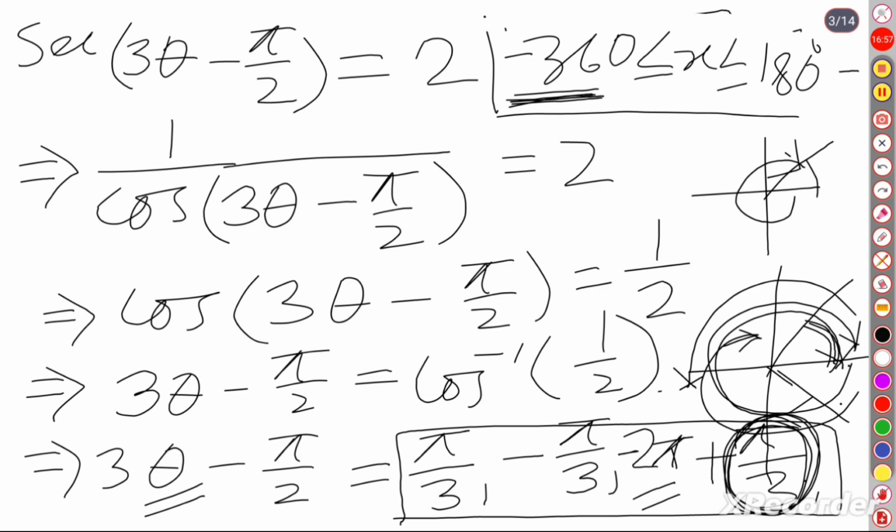The measurement of this portion is pi over 3. So from 360, if we subtract this pi over 3, we will get our desired value. As we want to subtract, 360 is negative for being the clockwise direction. From 360 we will just subtract this one, that means the symbol will be positive.